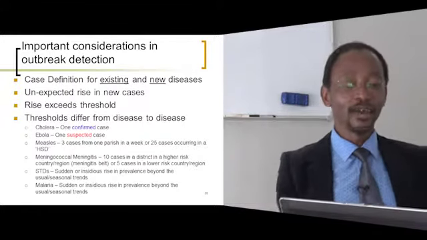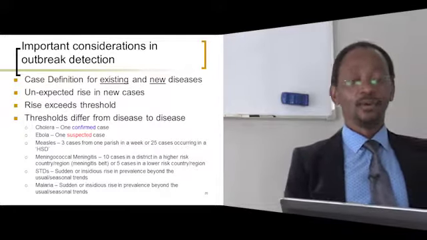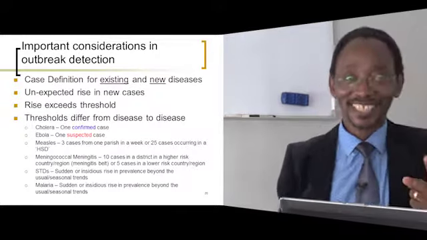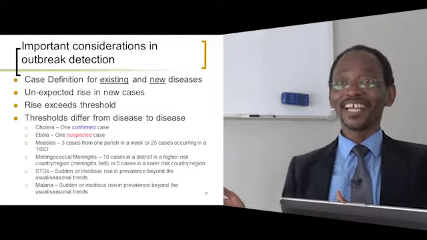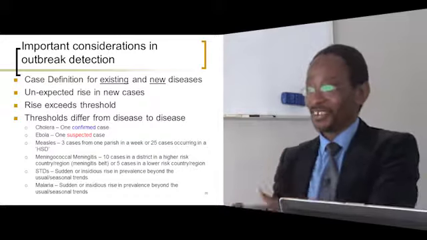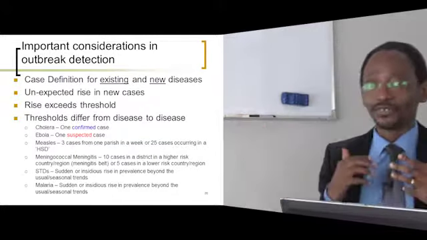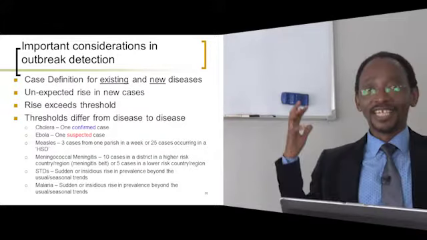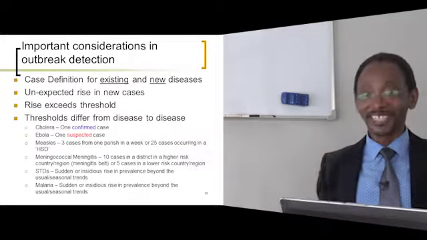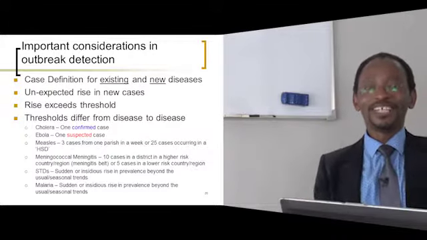So that's one case. Now, for Ebola, and that's the interesting one, one suspected case is an outbreak. You have to run away fast and you don't say, okay, let's take the sample and go to confirm. No, you have to first retreat, do the necessary protection, put on the protective wear, send a trained team to come and take the sample, then go and test.